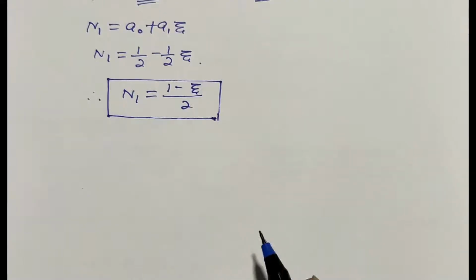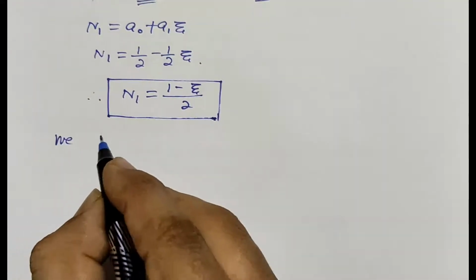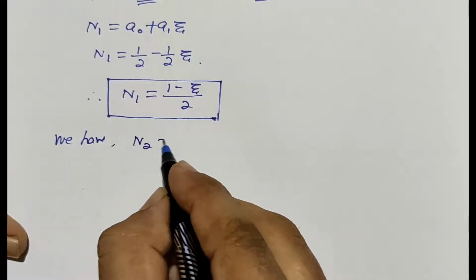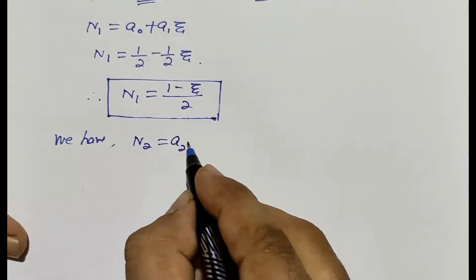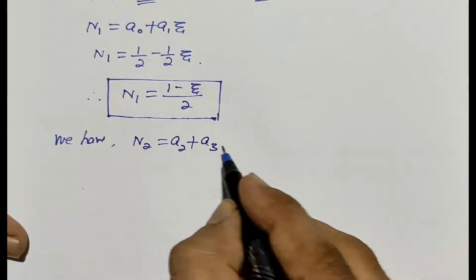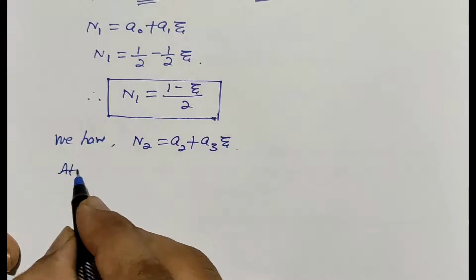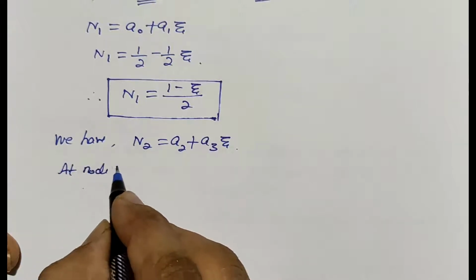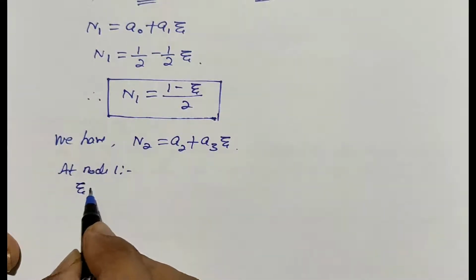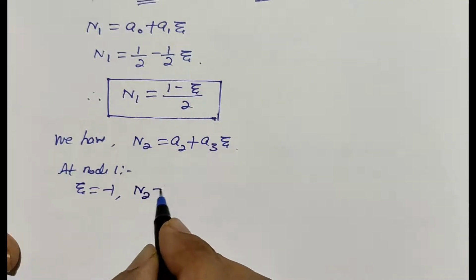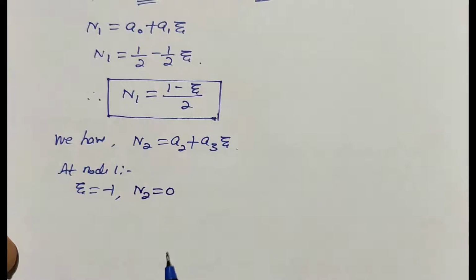Next we need N2. So we have N2 is equal to A2 plus A3 zeta. Now we will apply the boundary condition. At node 1 zeta is -1 and N2 will be equal to 0, because N2 corresponds to node 2.